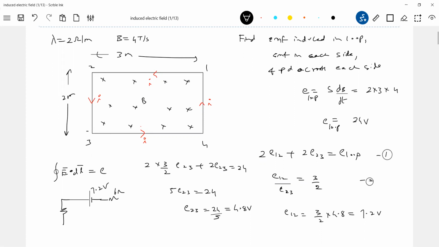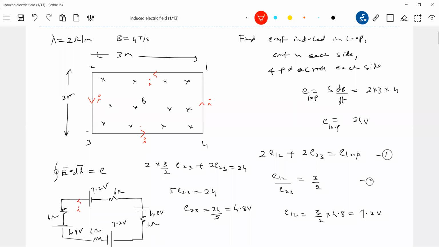This will be 4 ohm, then 4.8 volt. So this will be the direction of current.